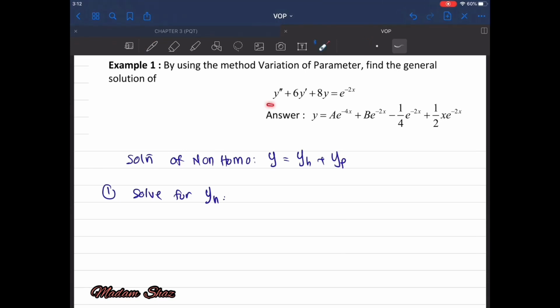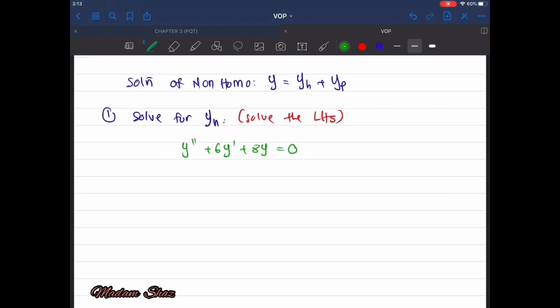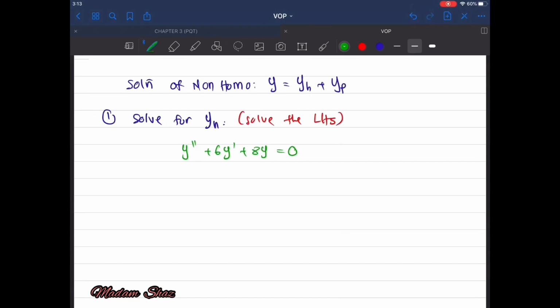We solve yh by solving the left hand side: y double prime plus 6y prime plus 8y equal to 0. Solving the homogeneous equation means you substitute y double prime become m square, plus 6y prime become 6m, plus 8y become 8, equal to 0.